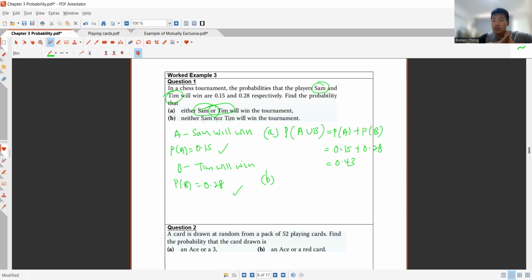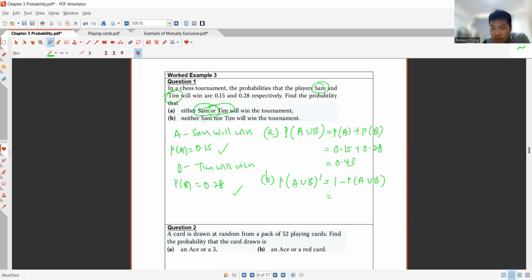It means the two of them totally cannot win. Which means what you should find is P(A union B) complement. This is actually the same as 1 minus the probability of A union B.